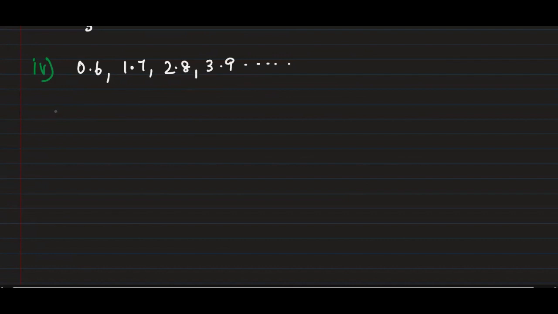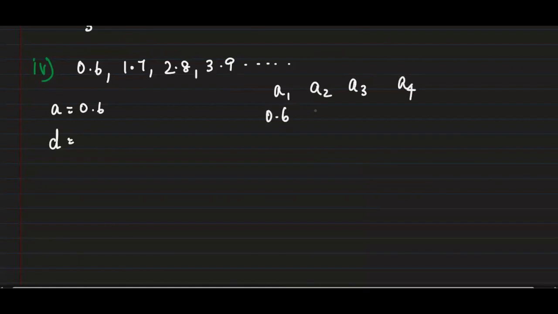So A value is equal to 0.6. And to find D, we'll just write separately A1, A2, A3, A4. That will be 0.6, 1.7, 2.8, 3.9.